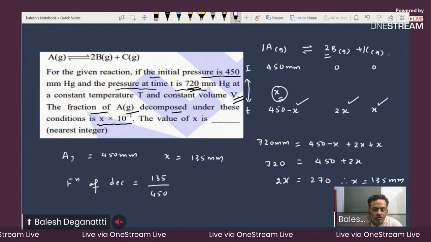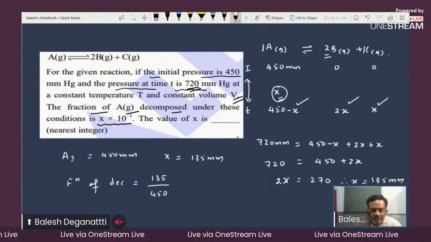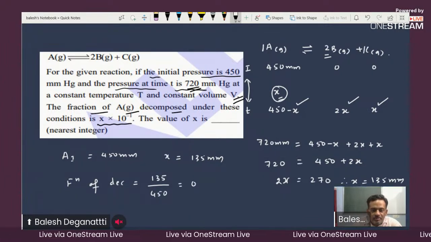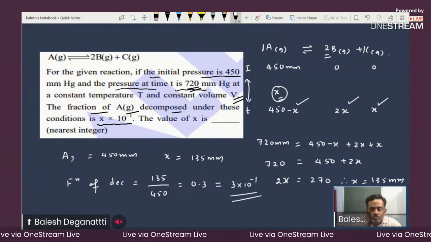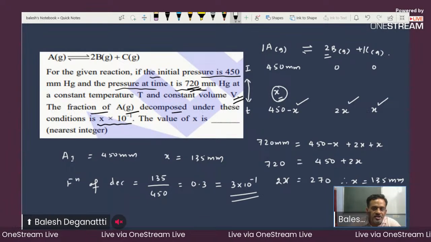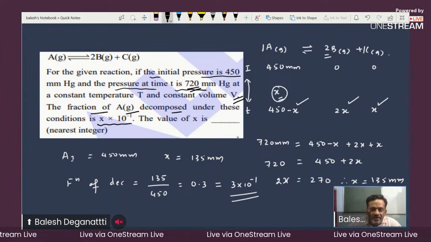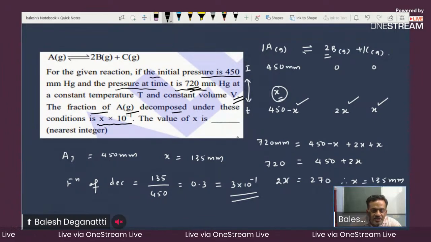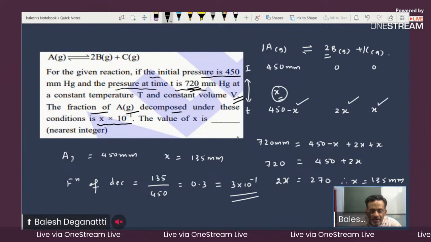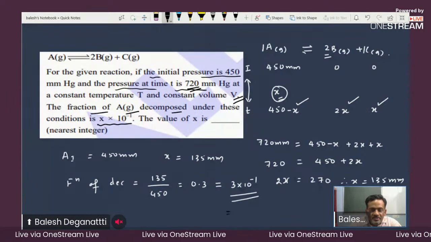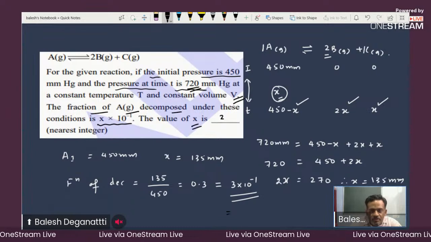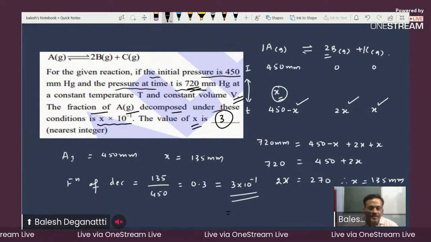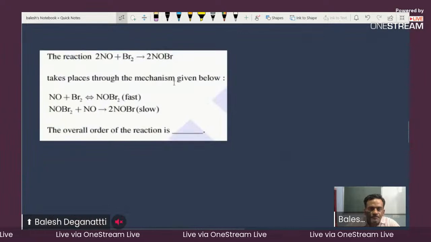Out of how much? 450. So the fraction is 135 upon 450. That would be about 0.3, which I can write as 3 into 10 raised to minus 1 fraction is decomposed. And they have written it as x into 10 raised to minus 1. So 3 into 10 raised to minus 1 is nothing but x into 10 raised to minus 1. So therefore your x would be equal to 3.